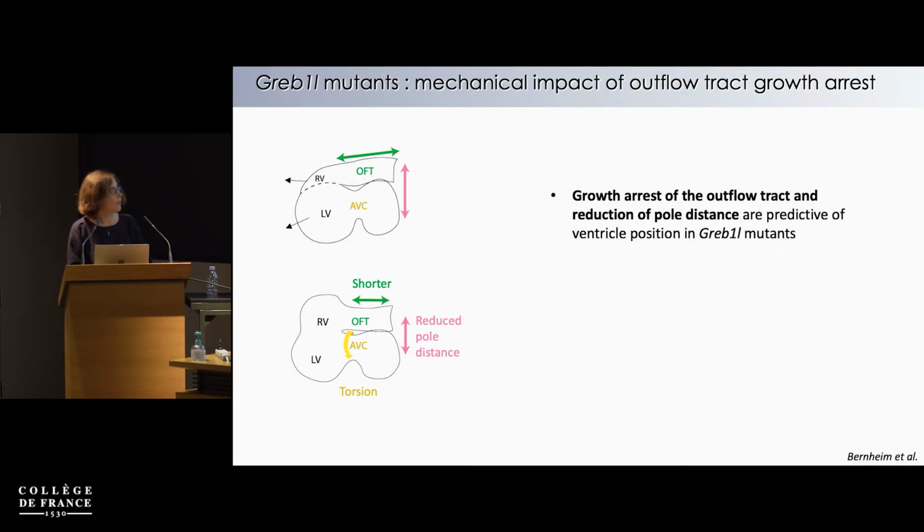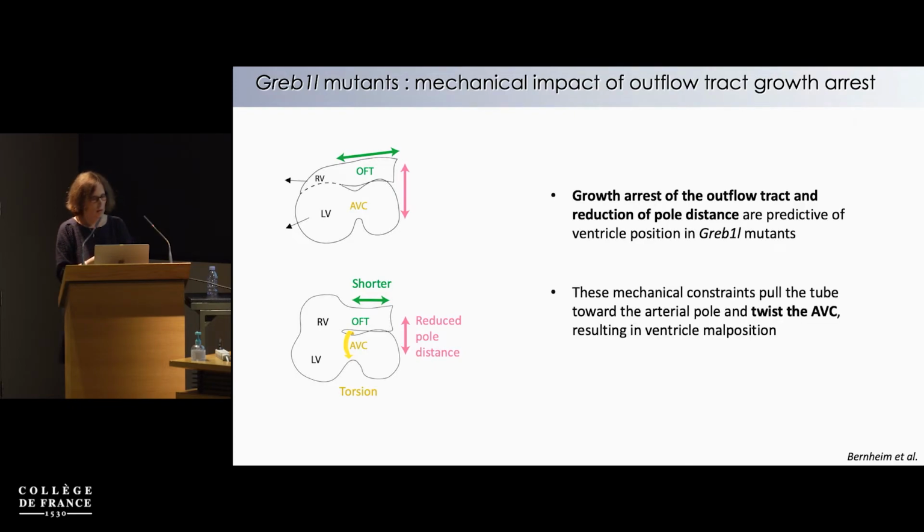So what we think is going on is that compared to the normal situation, when the E9.5 heart tube will grow homogeneously, in a mutant there is an arrest of the growth of the outflow tract, and this will create a mechanical constraint which will pull the tube, which will, as a consequence, undergo a torsion at the level of the atrioventricular canal, which will result in the misorientation of the ventricle. So it's initially an arrest of the outflow tract, but a mechanical impact on the shape of the tube.